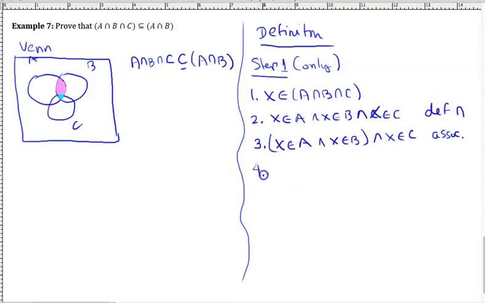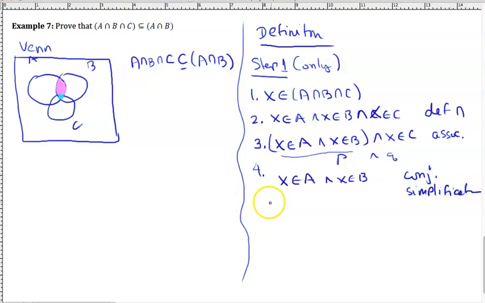All right. So let's think of these as propositions. This is like P and Q. So we have conjunctive simplification. With the and, you can pull each of them off. By conjunctive simplification, I can say X is in A and X is in B. Now turn this back into sets.